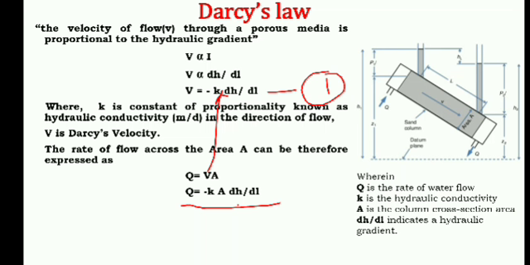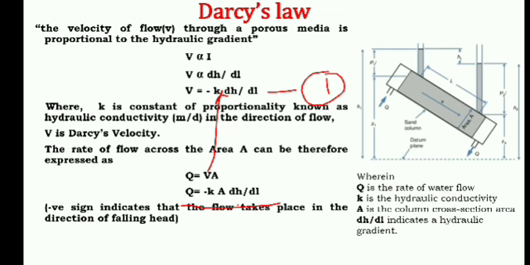Then what is meant by the minus sign? Why is there a minus sign? This minus sign indicates that the flow through this pipe or cylinder takes place in the direction of falling head. That is why we have taken the sign as negative. This is Darcy's equation, or Darcy's law.